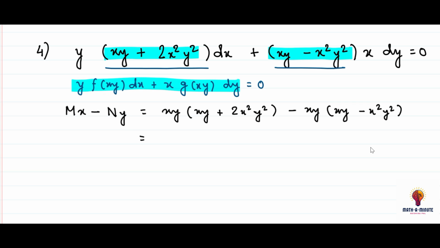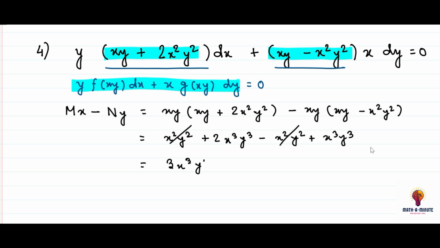It will be x²y² + 2x³y³ − x²y² + x³y³. Now this term will cancel out and it will be 3x³y³. So it's very clear this value is not equal to 0, so we can say the integrating factor will be 1 by 3x³y³.